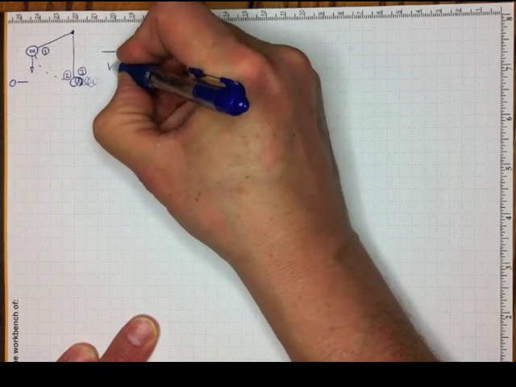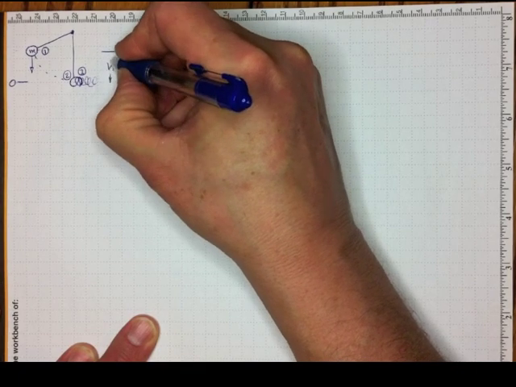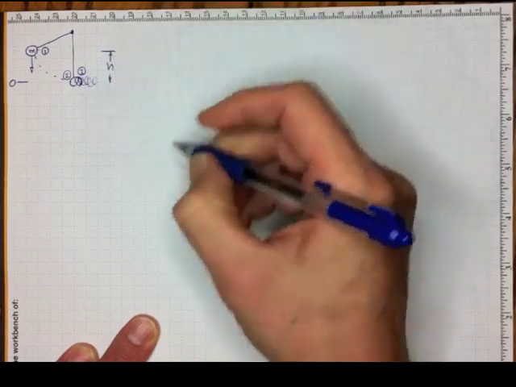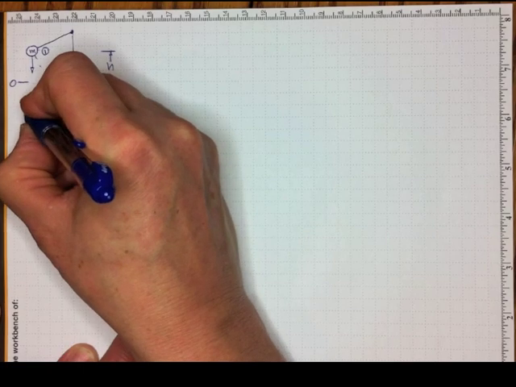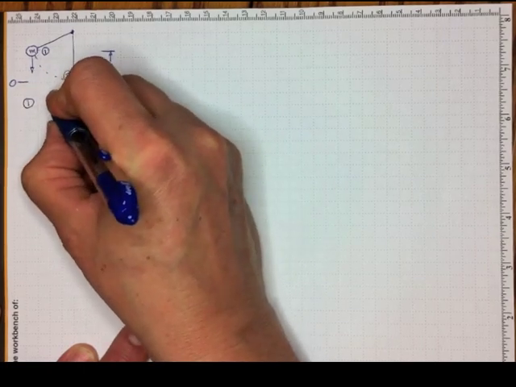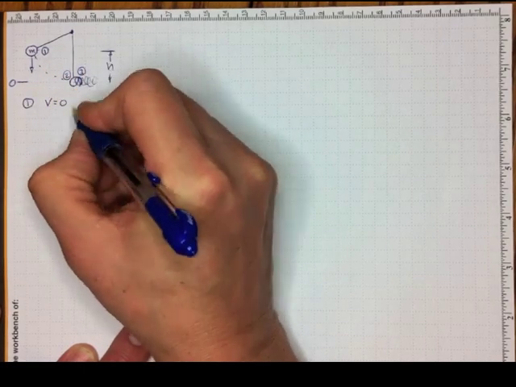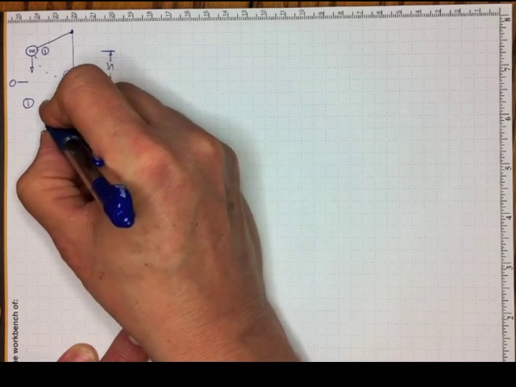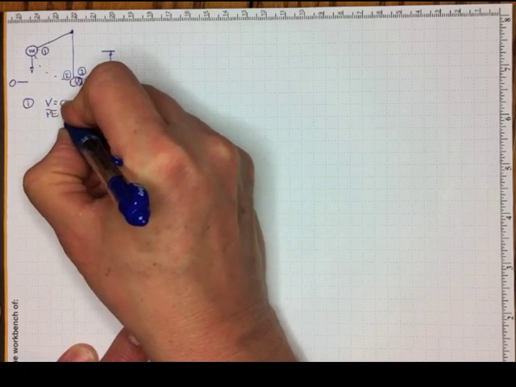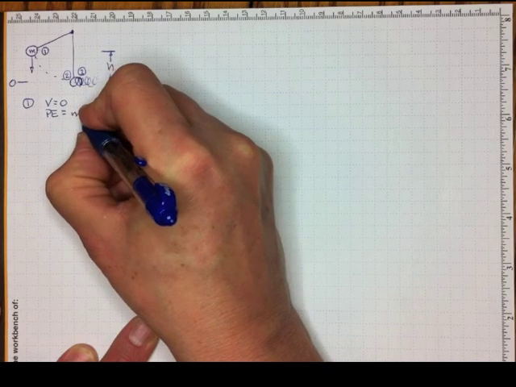So if it was initially at height h, at location 1, it's not moving, so the velocity is equal to 0, but the potential energy is equal to mgh.